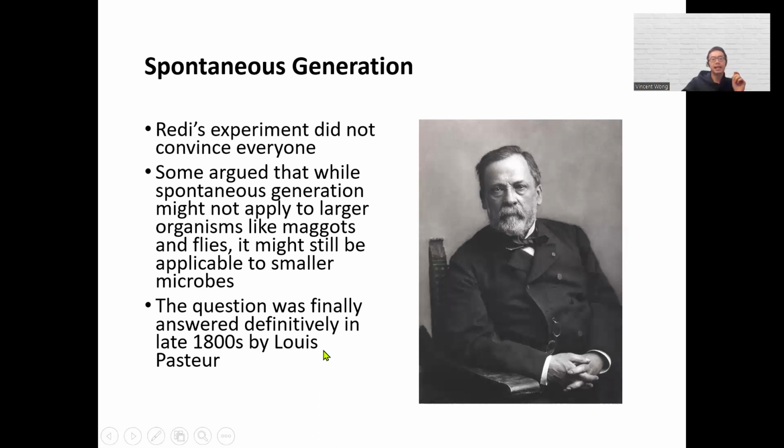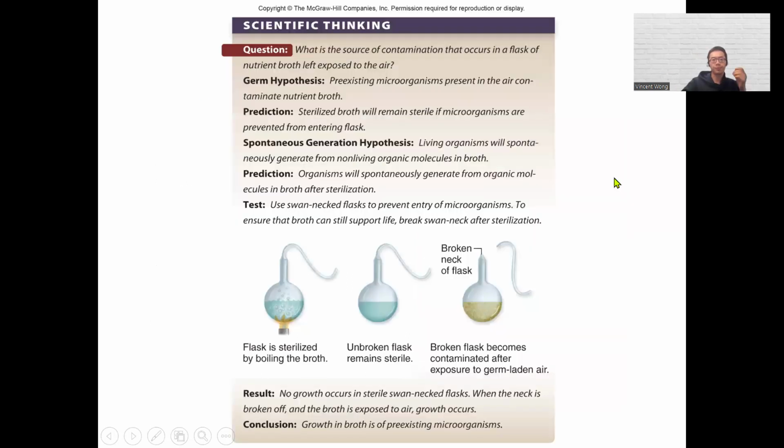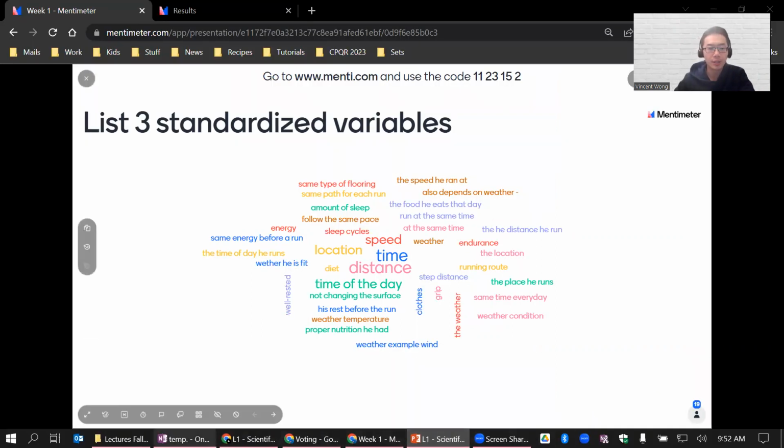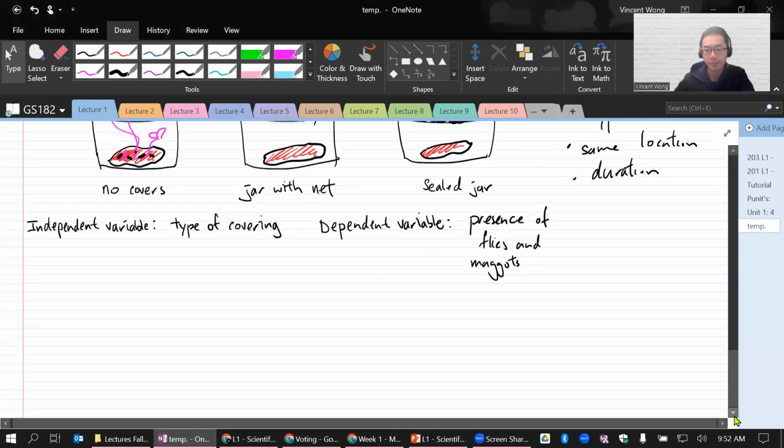In any case, he did a set of experiments to definitively show that spontaneous generation is not true. In his experiment, he had a couple of flasks. He has a flask that has a swan neck, and flasks that have a straight neck. Let me just draw this out for you, it's probably easier to understand.